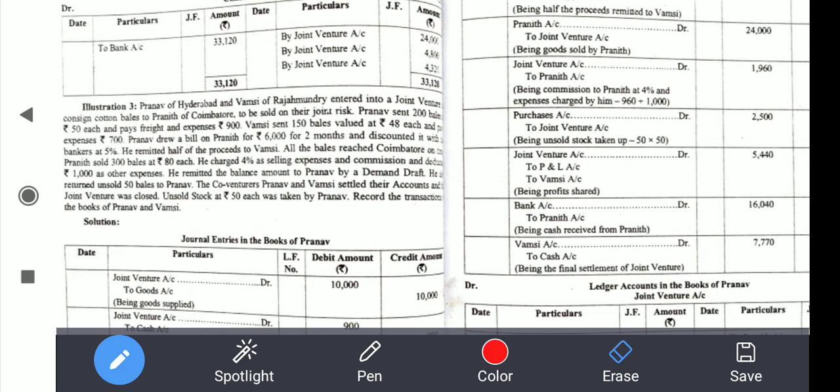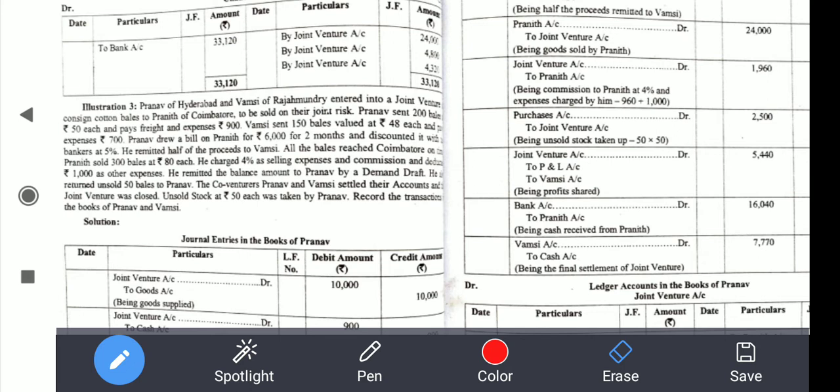Vamshi sent 150 bales valued at 48 each and paid expenses of 700. Pranav drew a bill on Pranith for 6,000 rupees for 2 months and discounted it with the bankers at 5%. He remitted half of the proceeds to Vamshi. All the bales reached Coimbatore on time.